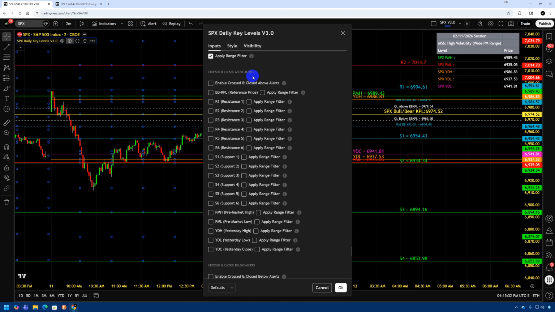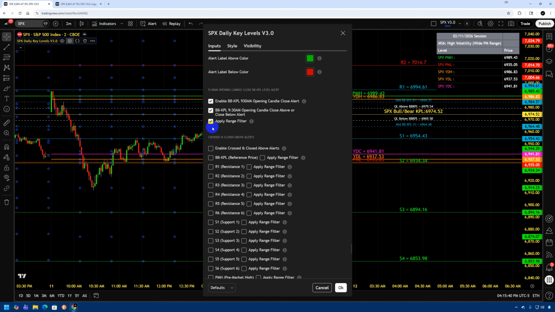Now we have crossed and closed above alerts. With this, it is not enabled by default. So we'll go ahead and set everything back to the default. As you can see here, by default, this is not enabled either. However, the range filter is enabled because with this particular alert, you need to use the range filter if you're going to turn it on.